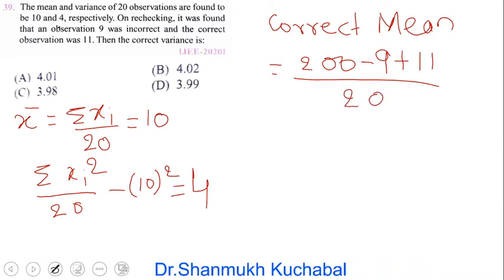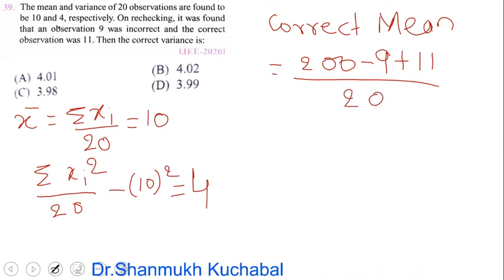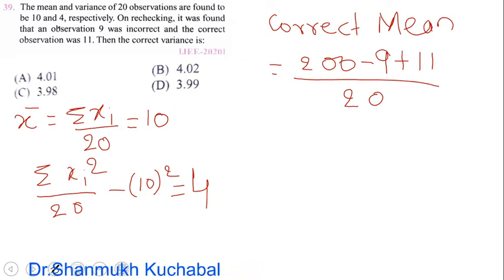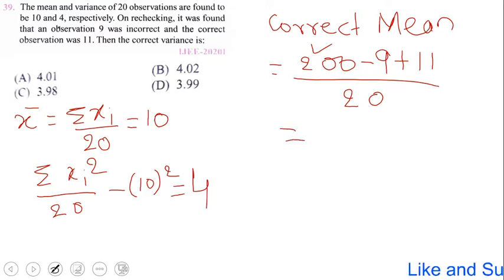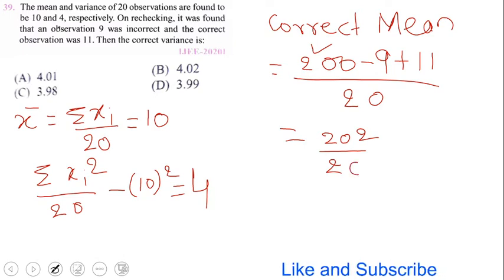Since x bar is 10, divided by 20 equals 10, transposing 10 into 20, 200. So 200 we have written here. So we have to simplify this expression. We get the solution as 202 divided by 20.